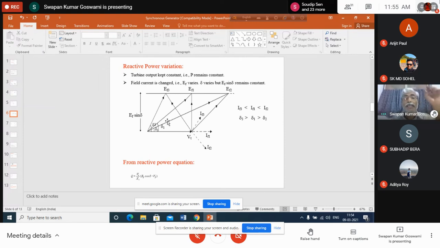So you see that it is possible to change the reactive power output of the generator, keeping the input power constant, by varying the value of the field current. We may increase or decrease the field current. What will happen if the field current is increased? In that case, reactive power output will increase. And if the field current is decreased, reactive power output will also decrease.